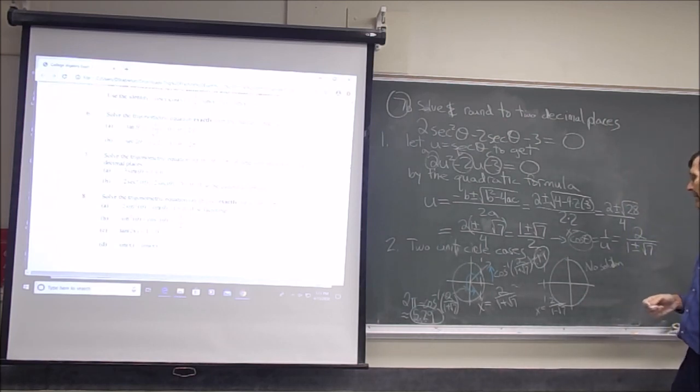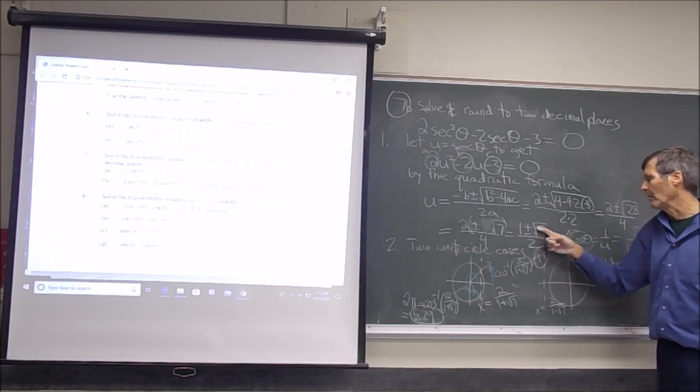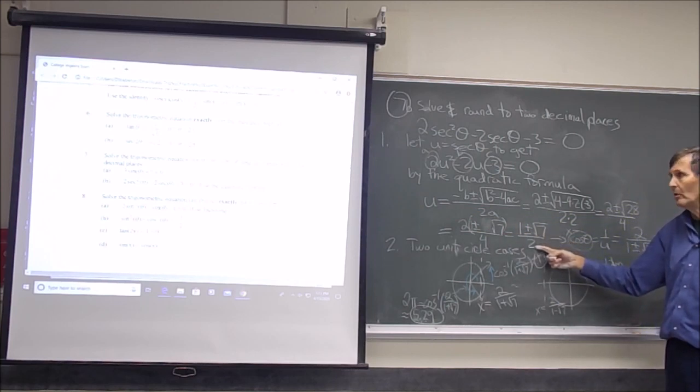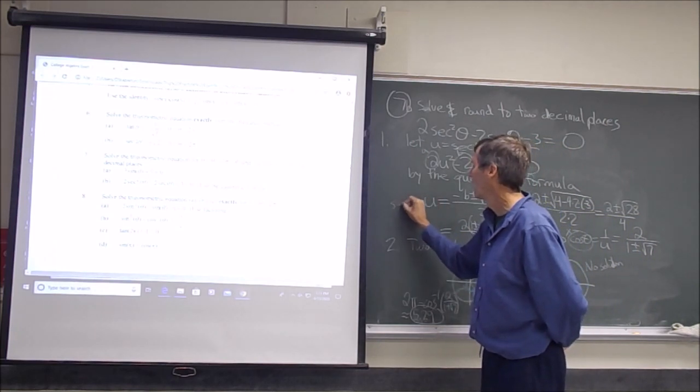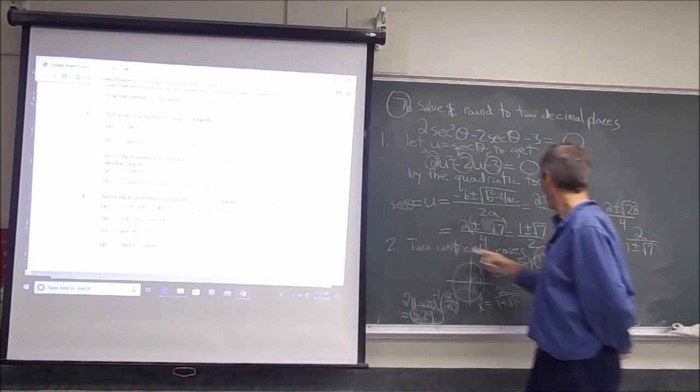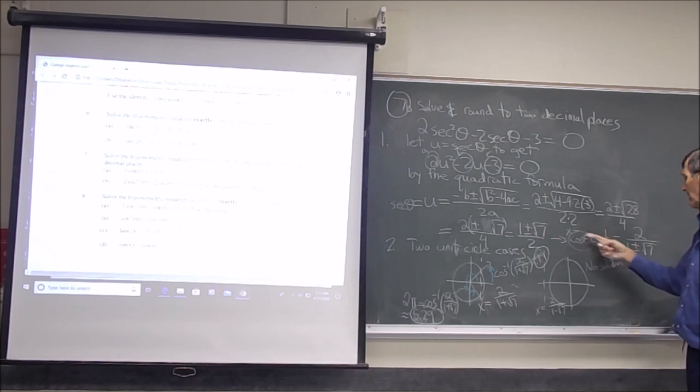That means u is equal to 1 plus or minus square root 7 over 2, where u is secant theta. By substitution, then cosine theta is its reciprocal, 2 over 1 plus or minus square root 7. Now we've got it set up here.